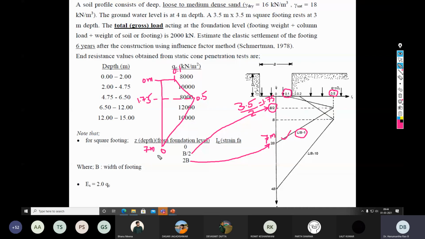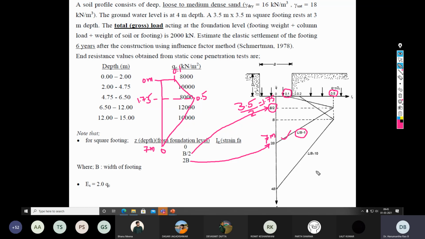Okay. So whenever you are asked to calculate the settlement by the strain influence factor method, your first step is to develop this kind of diagram depending upon the given type of footing. So here it is a square footing, so I have picked L by B equal to 1.